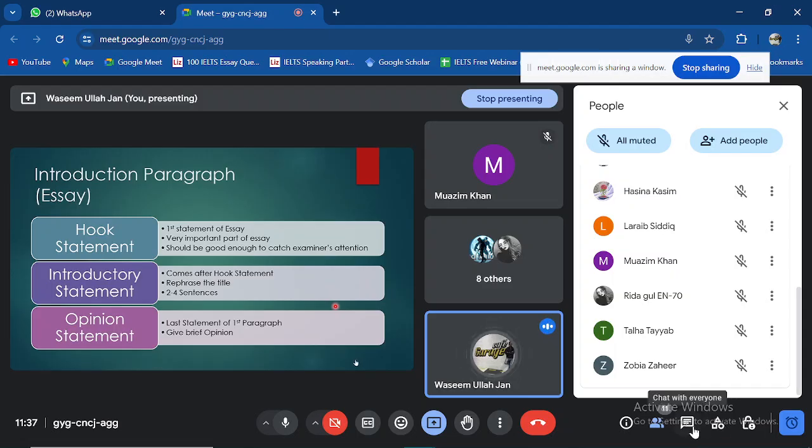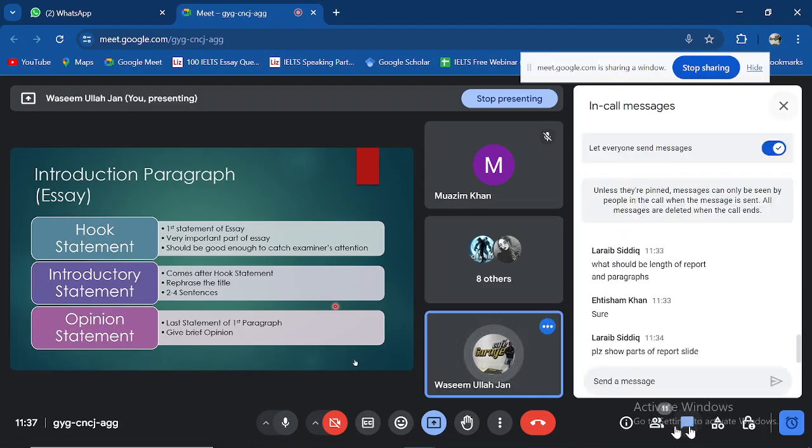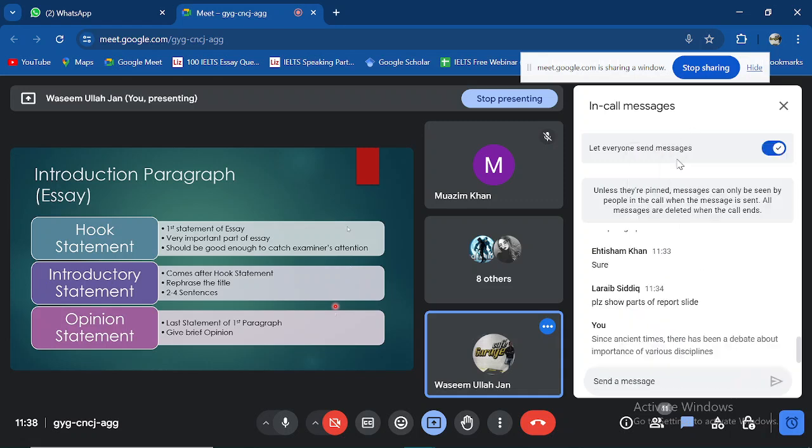I'm going to write a hook statement in the meeting chat at this moment on the topic. Some parents believe that science should be given more credit hours, while others believe that art subject deserve more credit hours. Right.